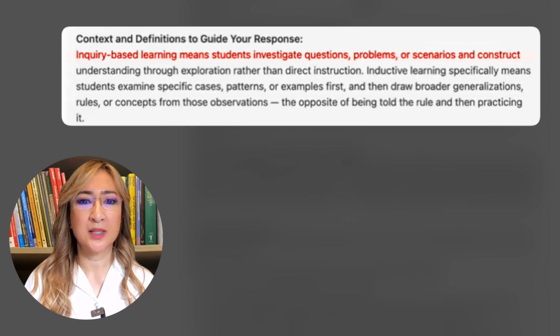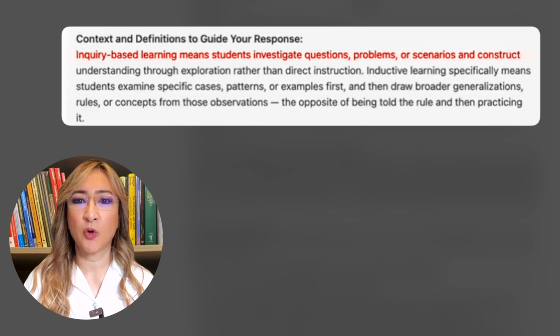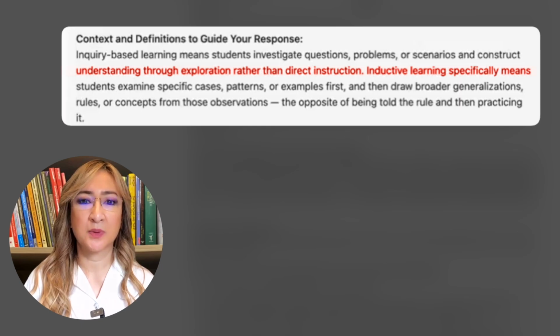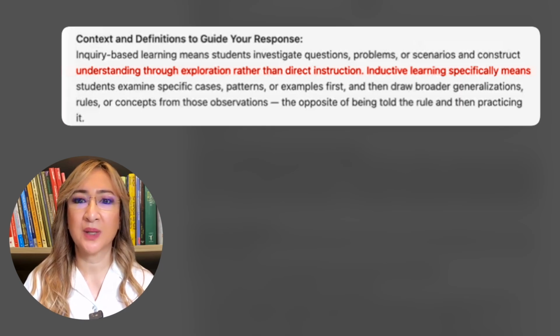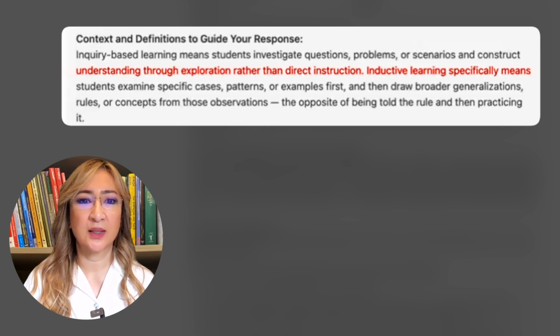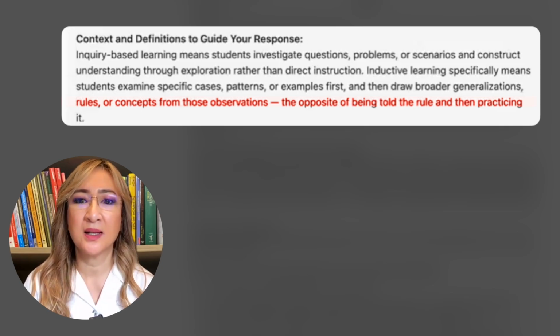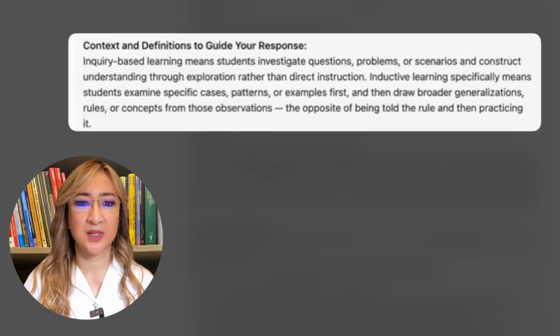Inquiry-based learning means students investigate questions, problems, or scenarios and construct understanding through exploration rather than direct instruction. Inductive learning specifically means students examine specific cases, patterns, or examples first, and then draw broader generalizations, rules, or concepts from those observations. The opposite of being told the rule and then practicing it.